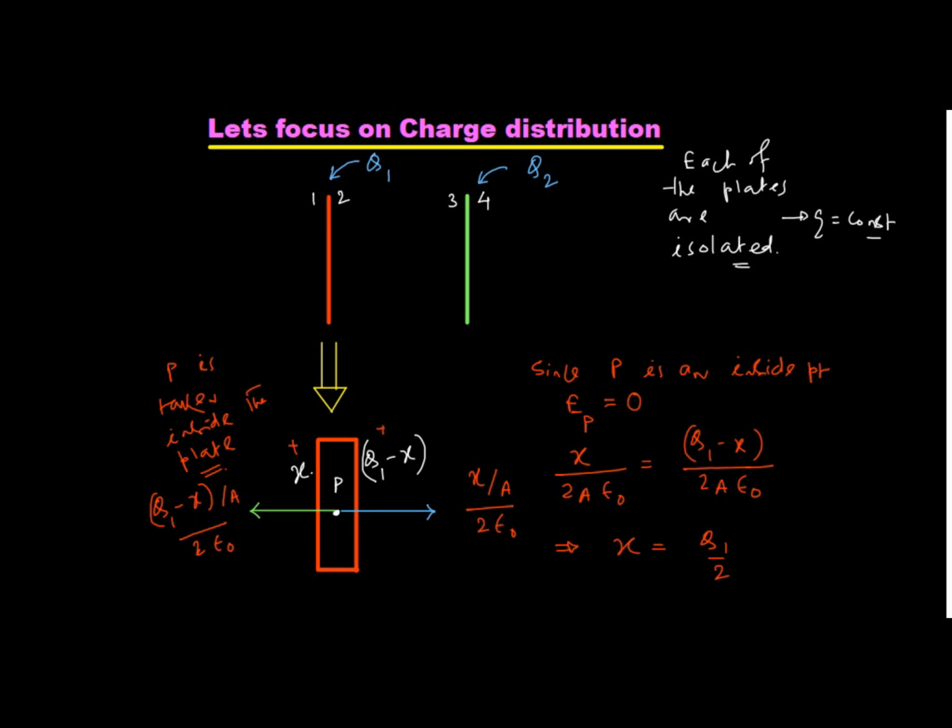That means whatever charge you give to the system, if this plate is a system, half of the charges will come on the outermost boundary.